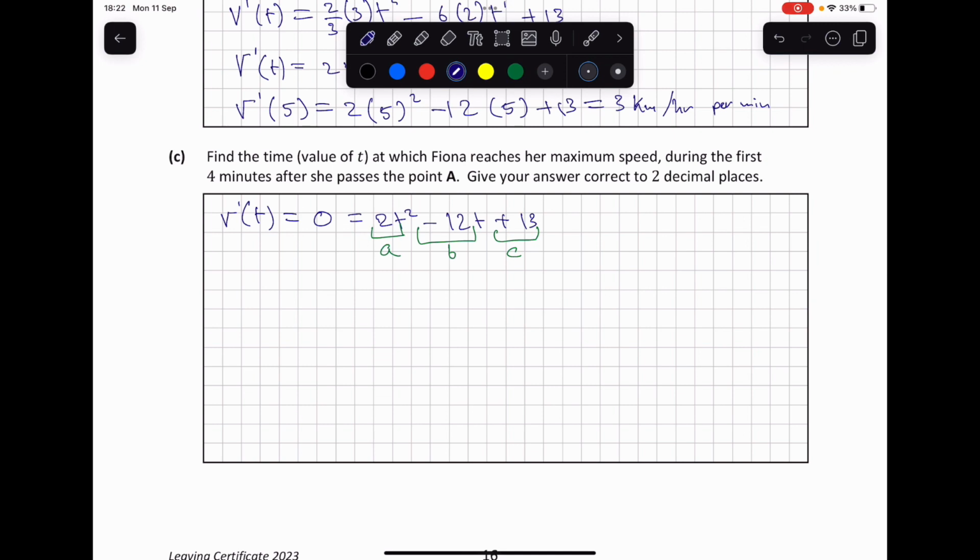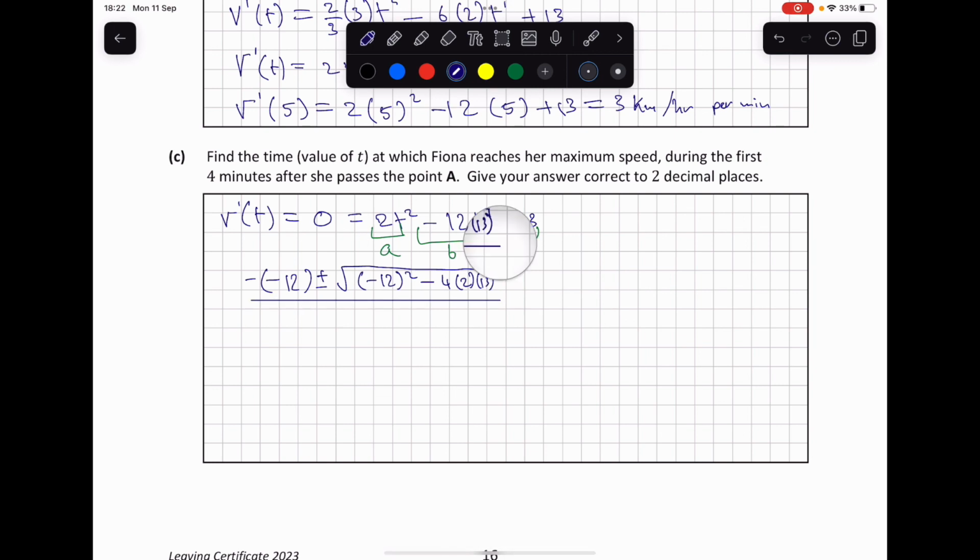Okay, so minus b, so minus 12 plus or minus the square root of b squared minus 4ac, all over 2a.